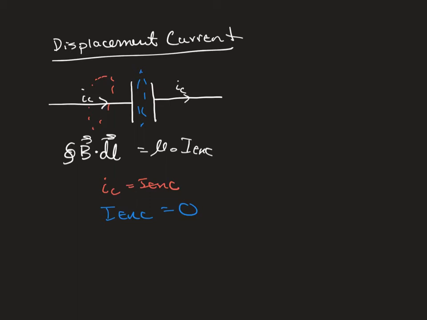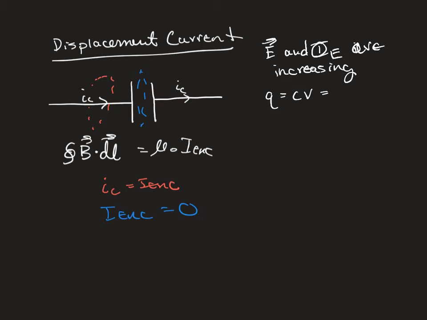Alright, so as this capacitor charges, the electric field and thus the electric flux are increasing. So if we go back to, we're dealing with a parallel plate capacitor, we know charge is equal to the capacitance times the potential between the plates.